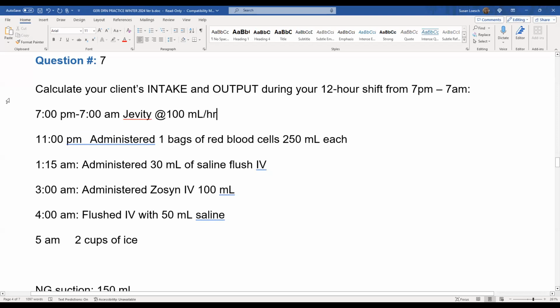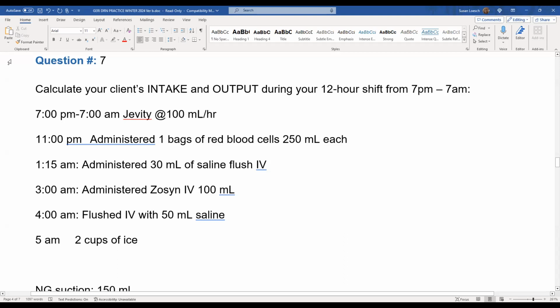Everything here, I'm also looking to make sure it's either in mLs or ounces, because I might want to separate the two if it's easier for me to do that math. 30 mLs of a saline flush, that counts. One-time order of Zosyn, 100 mLs, that counts. 50 mLs of saline, that counts.